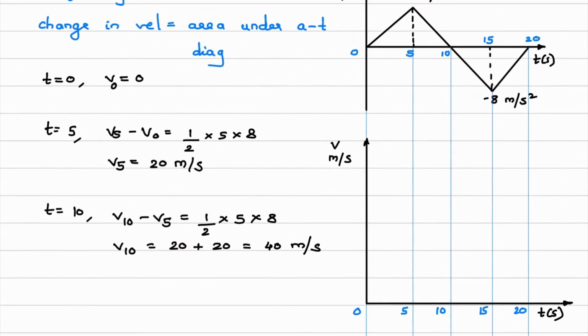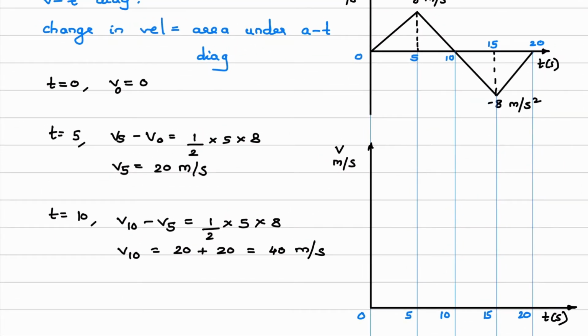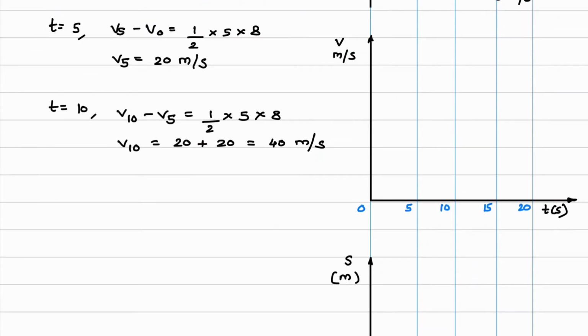Then we will see the next point, at t equal to 15 seconds. What will be the change in velocity? v15 minus v10 is the area under this one, the area bounded by this with the x axis. So it will be half into base is 5 and height is -8. v15 minus v10 is equal to half into 5 into -8.